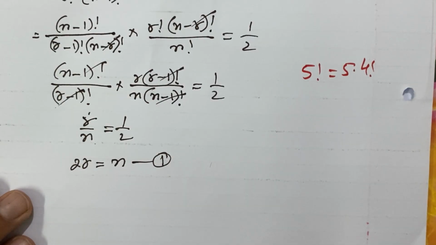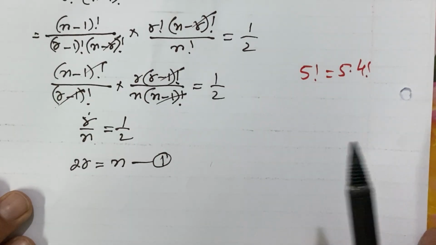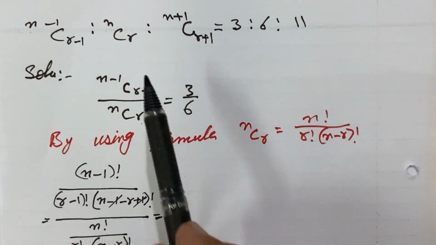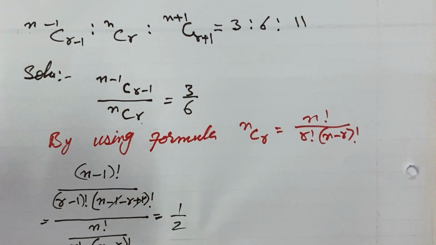Now we take the second ratio, nCr to (n plus 1)C(r plus 1) is 6 to 11.